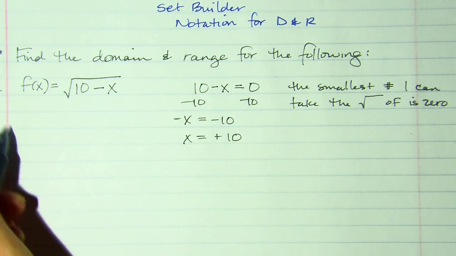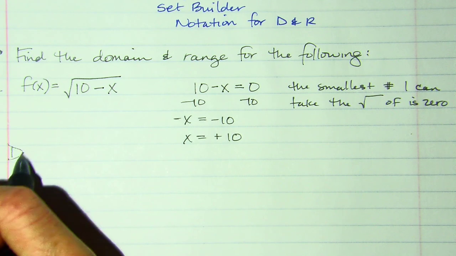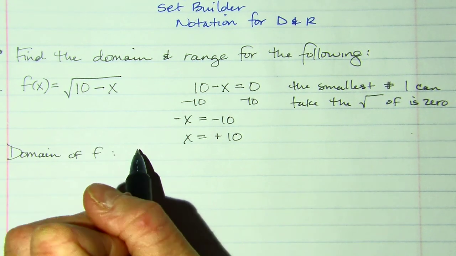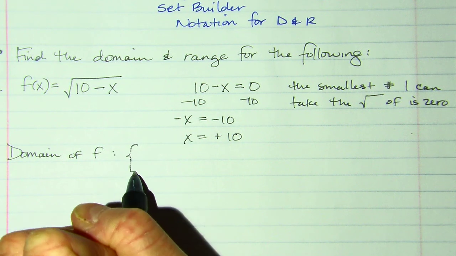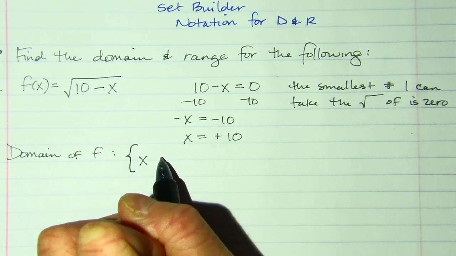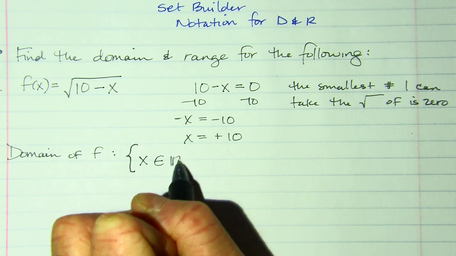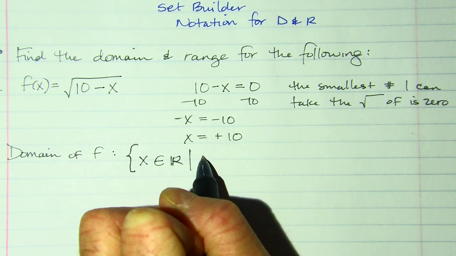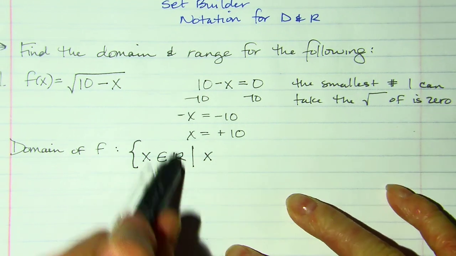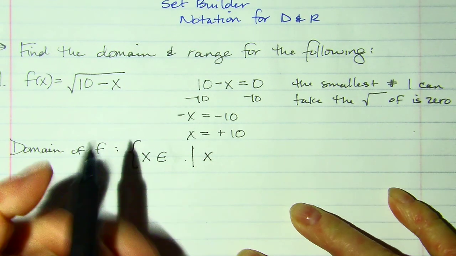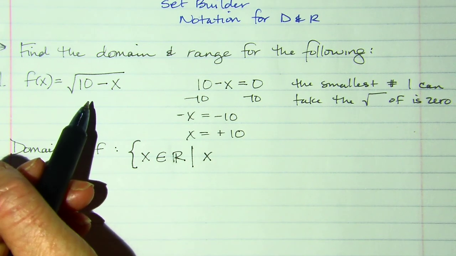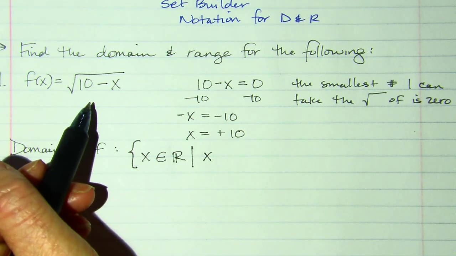So for the domain of f, I would write the following. X is the set of, that's what this bracket means, X is all real numbers such that x has to be, now this is where it gets tricky. I'm going to write a better R. Can I plug numbers in here greater than 10 or less than 10?